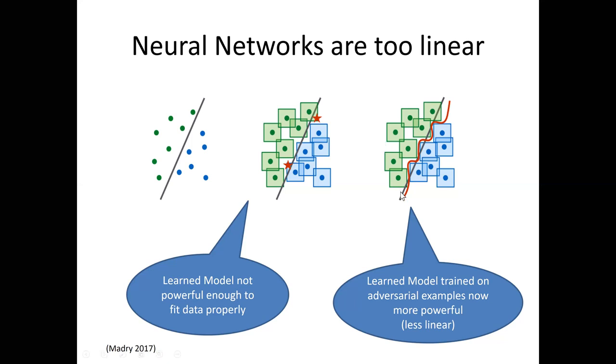So instead of the linear classifier, which suffers from these adversarial examples, the regions in the middle with the red stars, with adversarial training and potentially a larger model you can obtain a more complex decision boundary, here in red. So more nonlinearity allows you to potentially get rid of some adversarial examples and fit the data better.